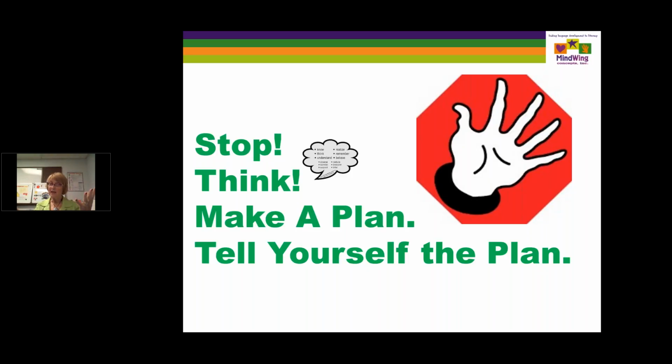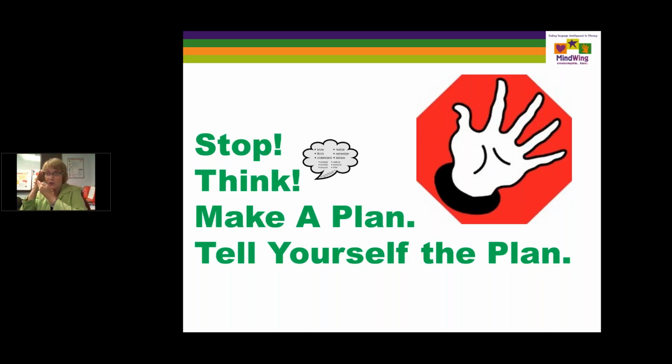I have children do that. I have them stop. And if you would kind of do that with me, stop with your best stop look. Think, put your hand right up to your head to think about it. Make a plan. When I have the plan made, the kids turn their hand as if they're looking at this hand in the stop sign.